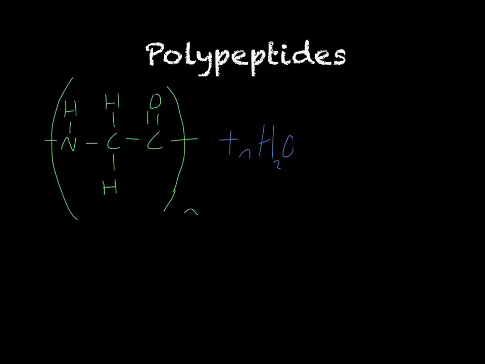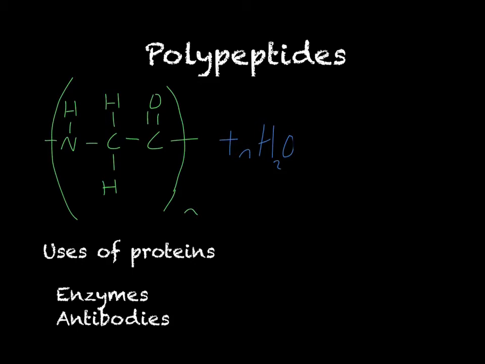We can then write this as a polymer by putting brackets around it, making sure, as we did before, that the bonds cross through the brackets, and putting an n. The amount of water we produce, so our nH2O, is the same as the number of polymer links that have been made. Polypeptides are known as proteins.